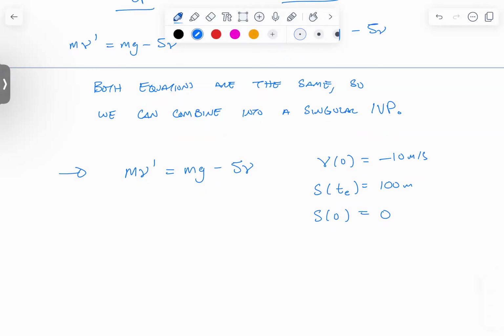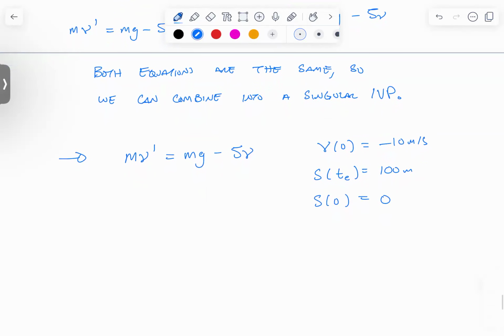So I can identify my initial pieces of information. With my equation, I know that M equals 50 kilograms, and we can do G equals 9.8. I know it's 9.81, and there's even more after that, right?